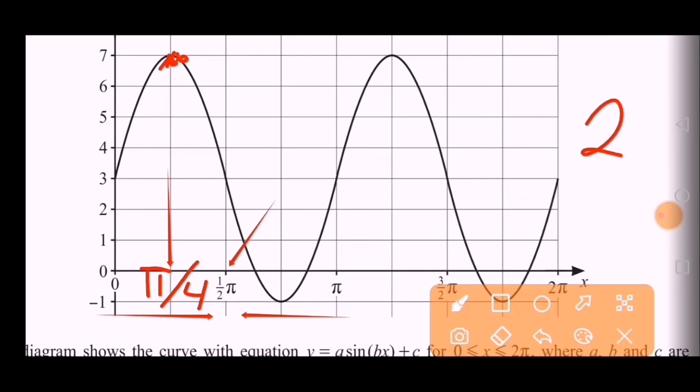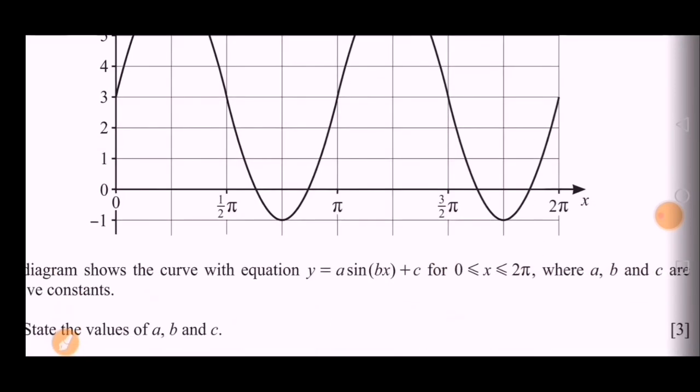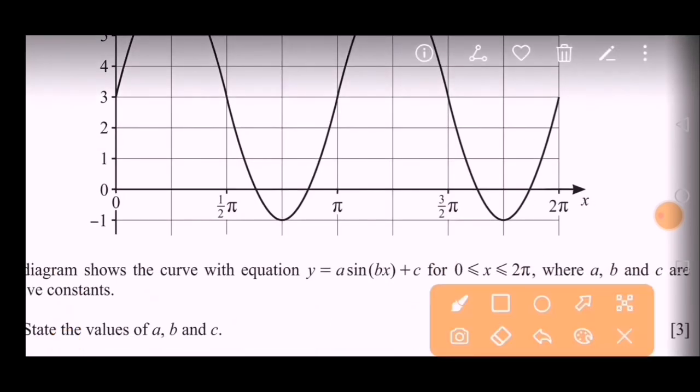And that compression factor is the value of B. That's the value of B there, 2, the compression factor. So we have the value of B, the value of C. We now have to find the value of A.